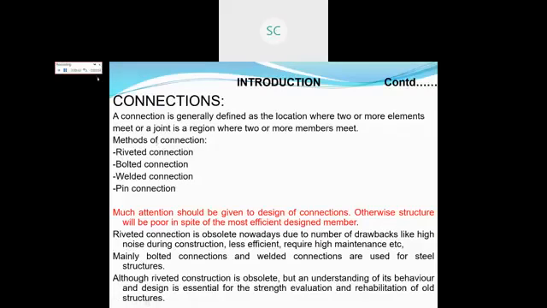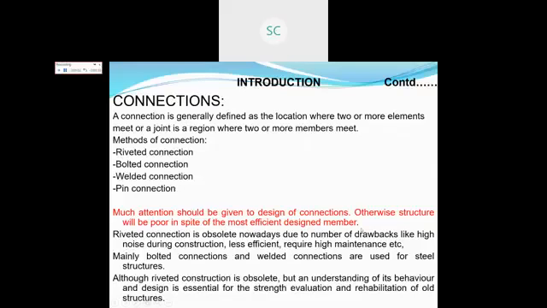Generally, we have riveted connection, bolted connection, welded connection, and pinned connection. Much attention should be given to the design of connections, otherwise the structure will be poor in spite of the most efficient design of members.